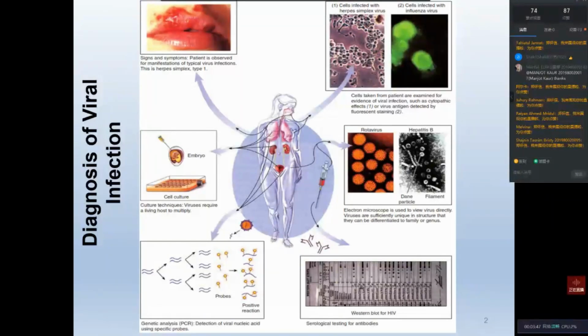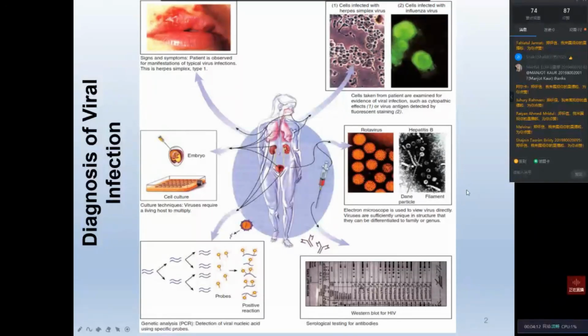So that's the molecular biology method. Or you can detect the viral antigens with Western blot. That's a method using antibody to detect the existence of certain viral antigen, viral protein. So these are different ways we can use for diagnosis.